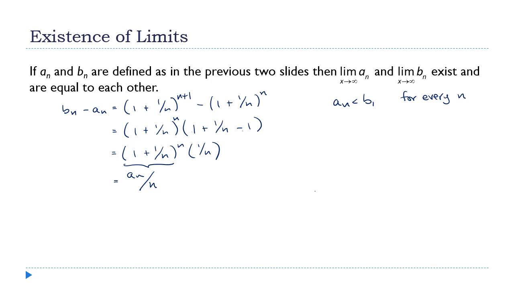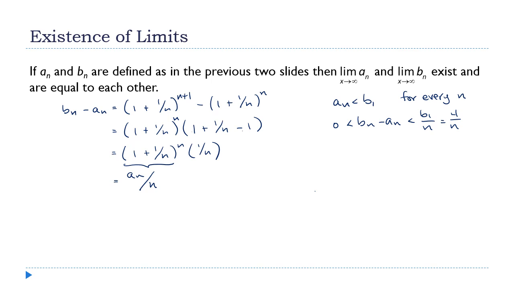Therefore, 0 is less than b sub n minus a sub n, which is less than b sub 1 over n, which equals, if you go back to the formula for b and substitute in 1 for n, you see that b sub 1 equals 4. So this is 4 over n. Okay, and that did it.